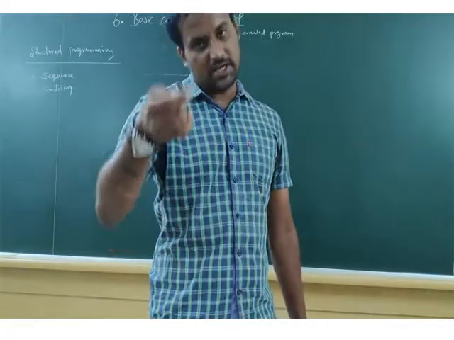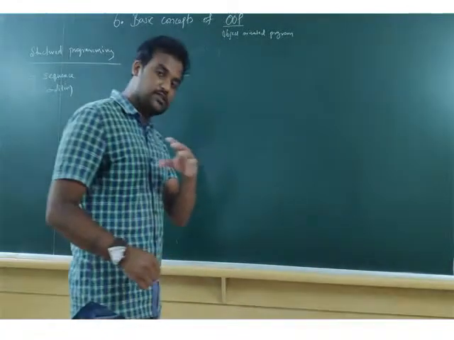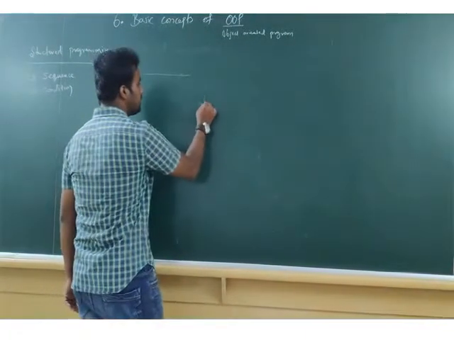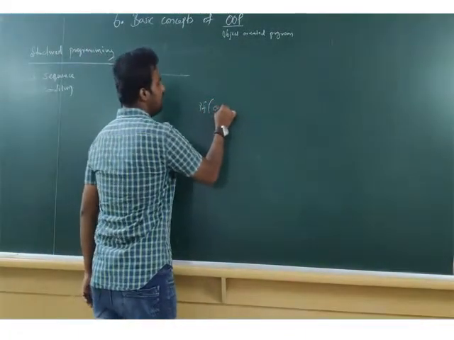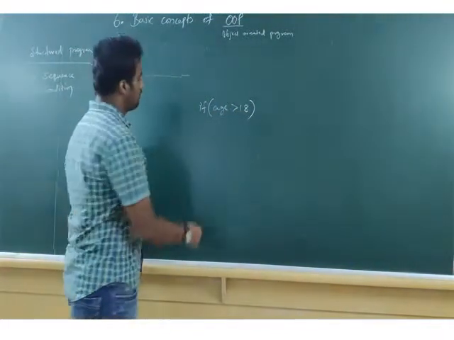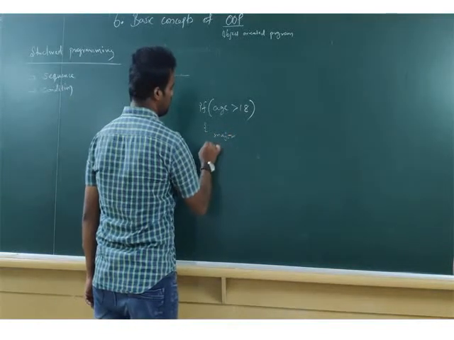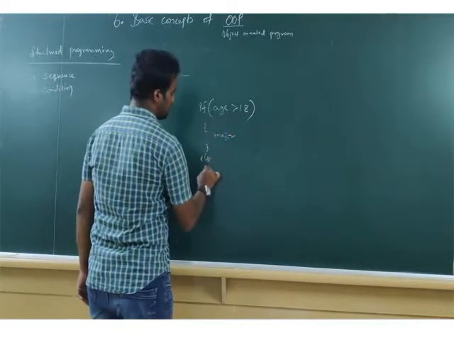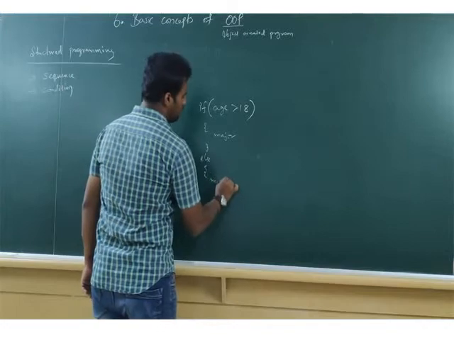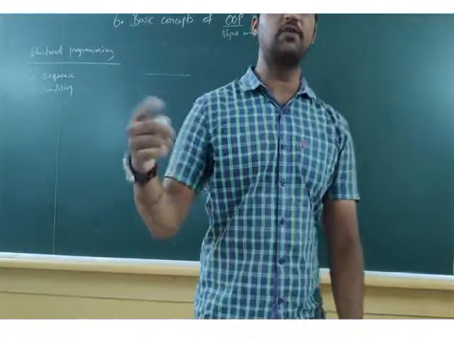If age is less than 18, they are minor. So if I want to execute that, I have to write some condition. What is that condition? If age is greater than 18, then it executes major, else minor. So these are the types of conditions we have to use to execute a program.